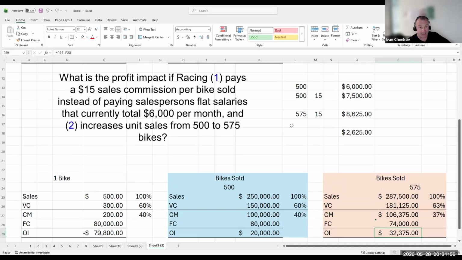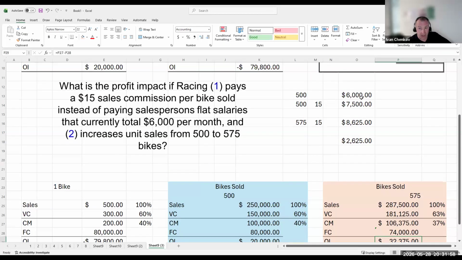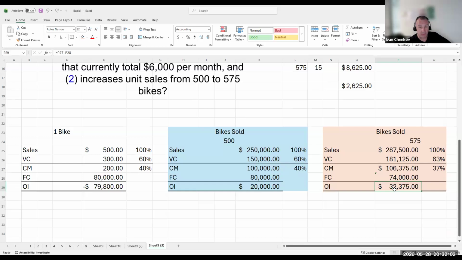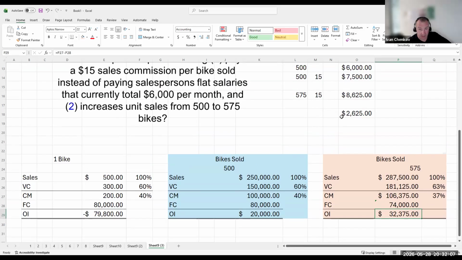So their win makes me more money actually. The fact that they're generating more income brings more income to me. This is the win-win situation for both parties here. This is how you can make your salespeople motivated to earn more money and at the same time bring more profit to you.